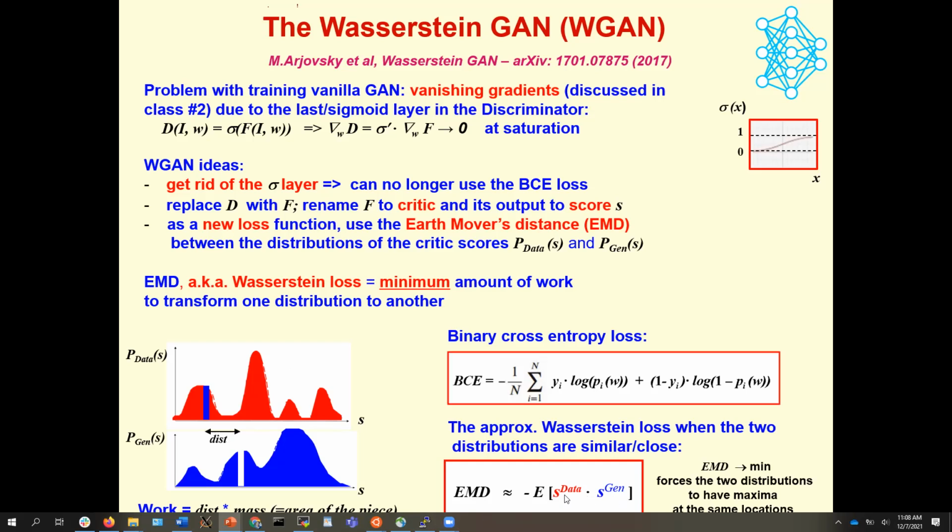But if the two distributions have simultaneously maxima at the same position, then the product of two big numbers will make a significant contribution to the entire value in the square brackets. So it will help maximize the entire expression. That's basically an approximate formula which we use for Wasserstein loss.